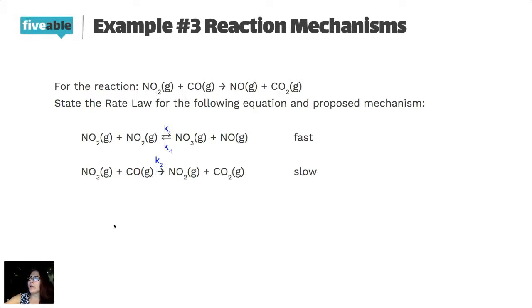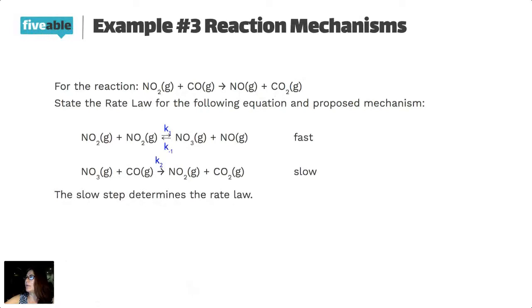Which is considered the intermediate in this mechanism? Excellent. NO3 is the intermediate. How do we know? We know because it's not in the overall, and it is formed on the first step and consumed on the second one. Correct.